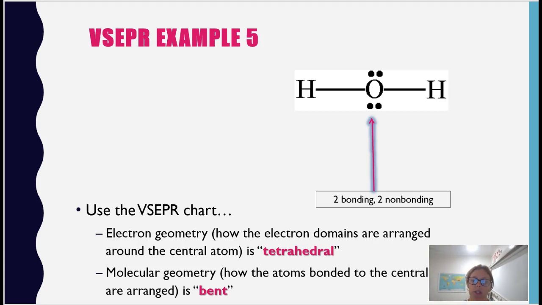That's why we get our typical bent shape, because we've got the 2 electron pairs around, and we have to have the same gap between each of them. While they have the same angle between them, we're not seeing those as bonds. So what we see when we draw it is just those bent shapes.